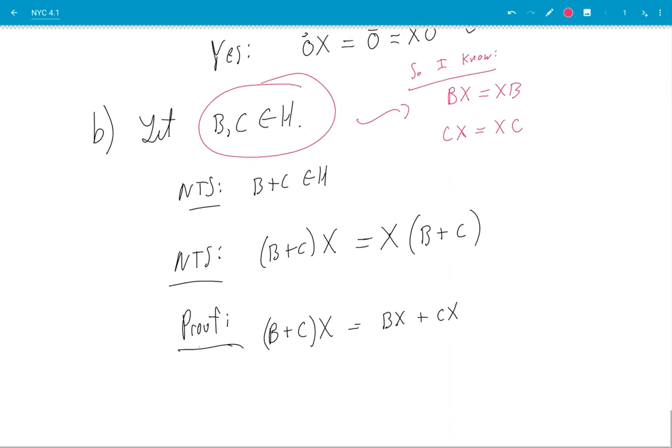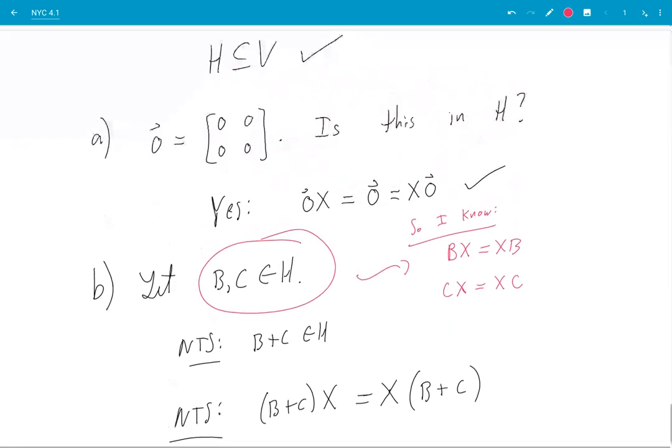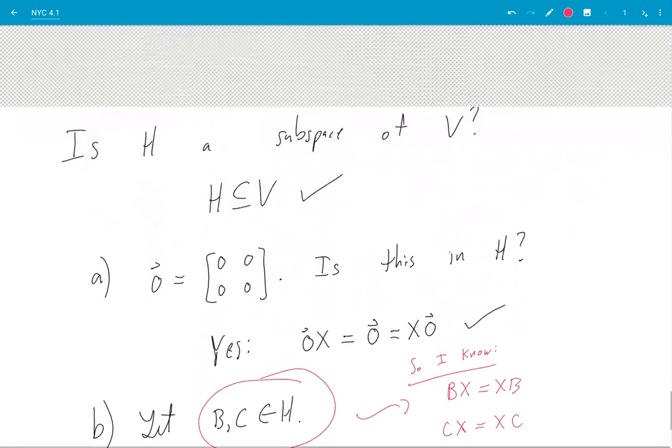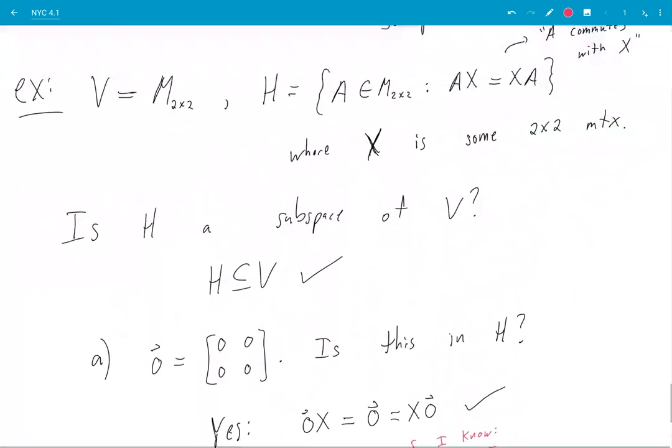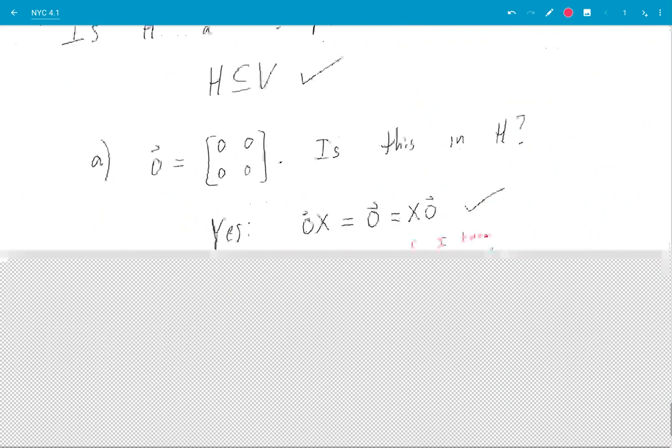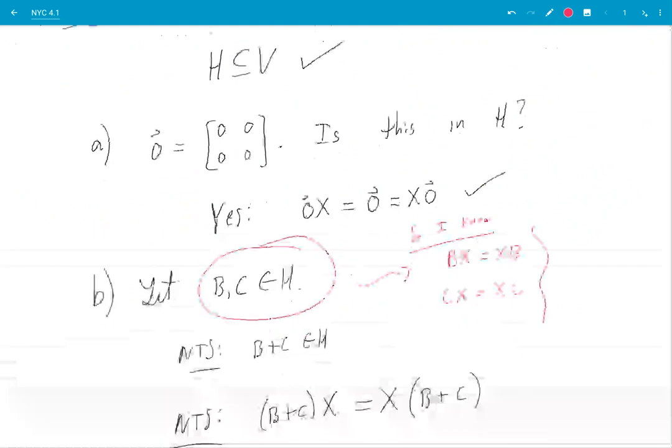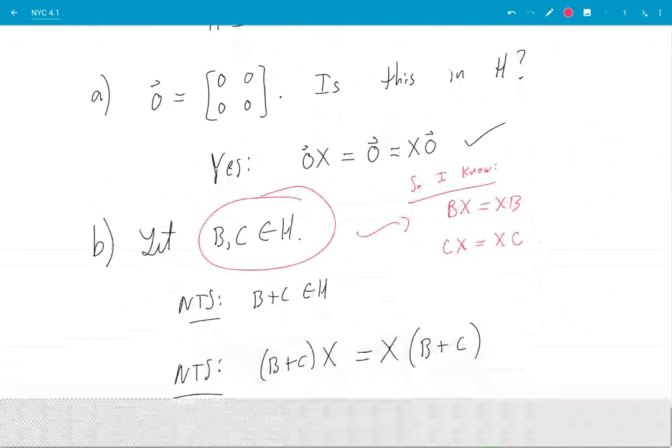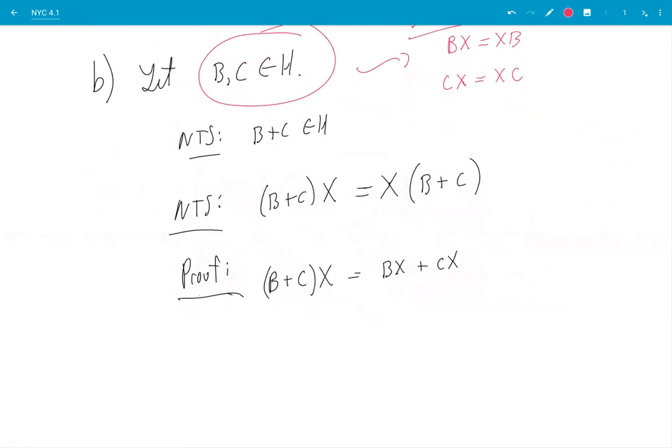So I know, okay, B and C are in H. Therefore, B and C pass this test. So I can write down these two equations, and I'm going to have to use them. I'm going to use them right now.